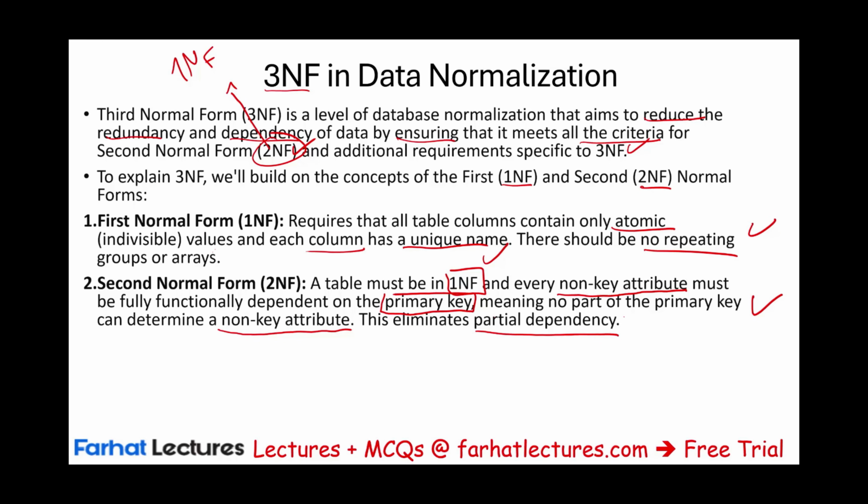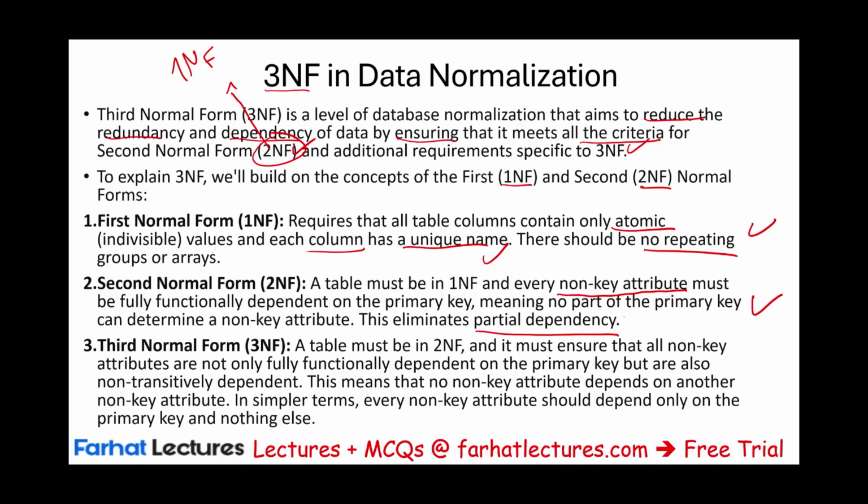What is the third NF? Well, in the third NF, the table must meet 2NF, and it must ensure that all non-key attributes, which is non-primary key, are not only fully functionally dependent on the primary key, as in 2NF, but they are also non-transitively dependent. So this is 3NF. You cannot have transitive dependency. What does that mean?